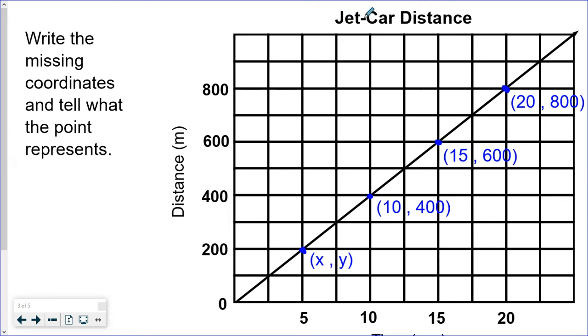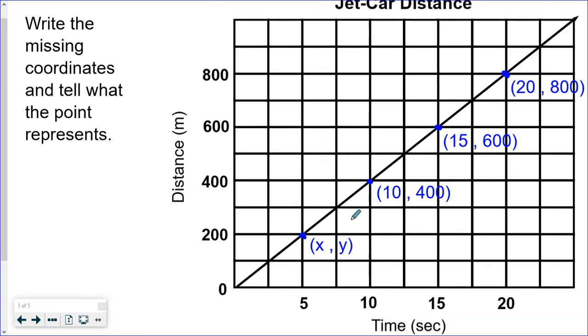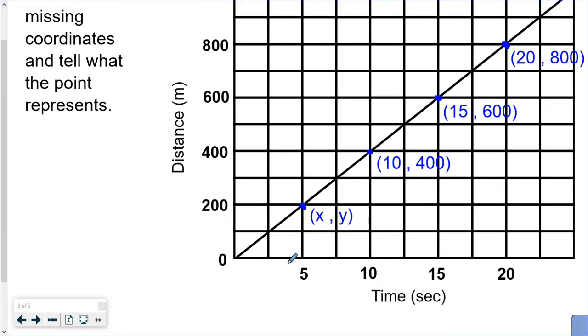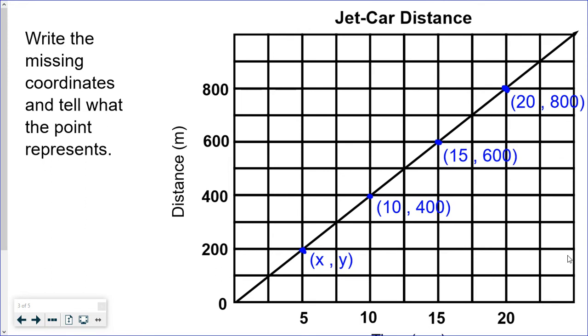So this is how far a jet car is going to travel, okay? The numbers over here represent the distance in meters. So this would be 200 meters, 400 meters, 600 meters, 800 meters. And then the numbers down here represent time. How many seconds it took for that jet car to get to that distance.